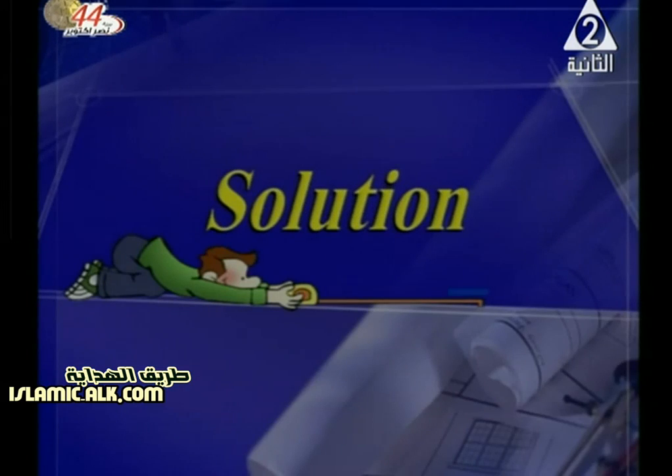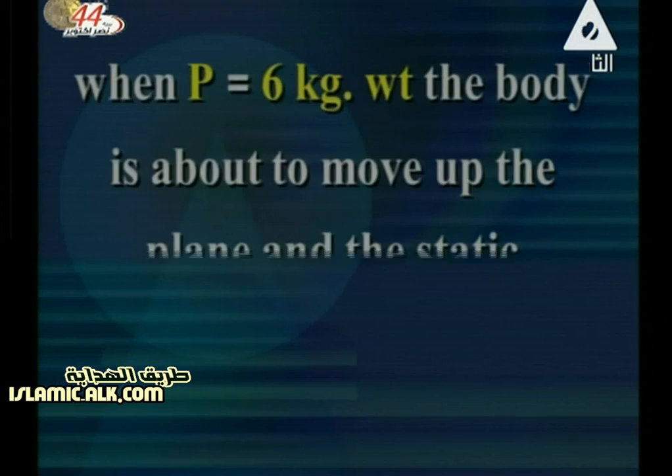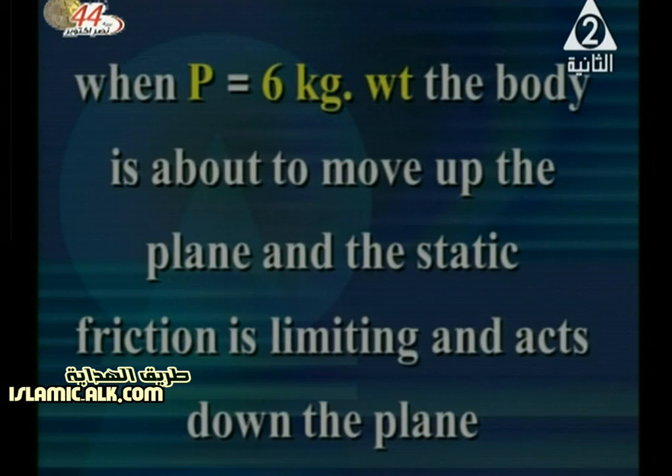Look at the solution. When B equals 6 kilogram weight, the body is about to move up the plane, and the static friction is limiting and acts down the plane. Why?